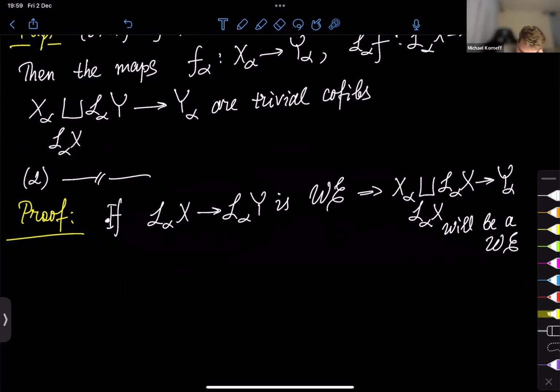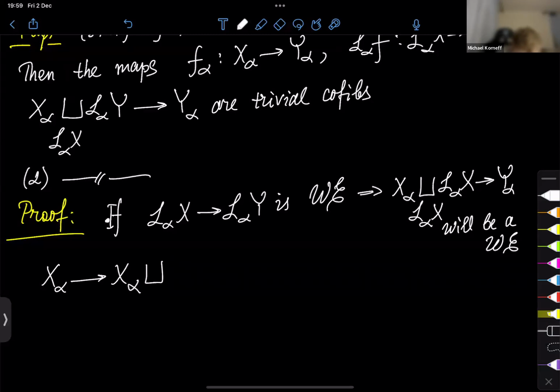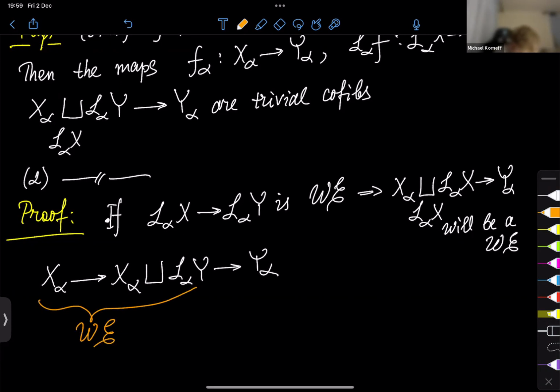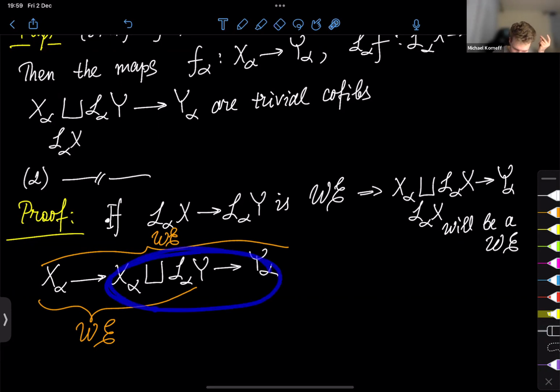Suppose that this one is a weak equivalence, and then we have the following decomposition. And we know that this one is a weak equivalence, and this one is also a weak equivalence. So by the two out of three property, we can conclude that this map is also a weak equivalence.